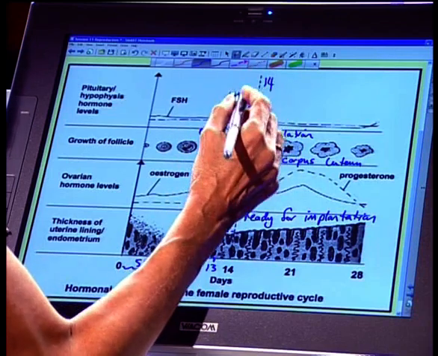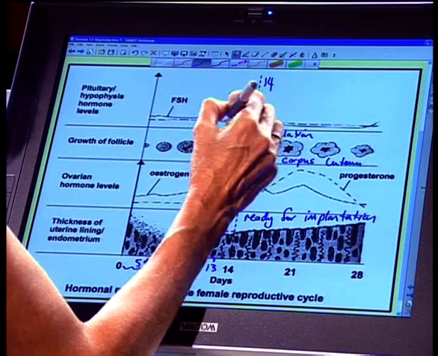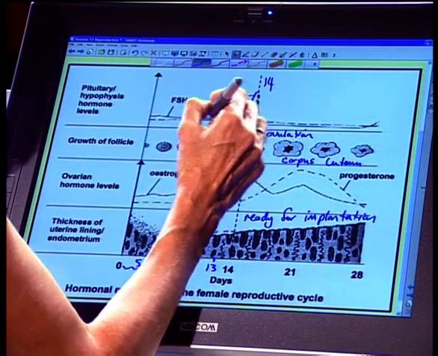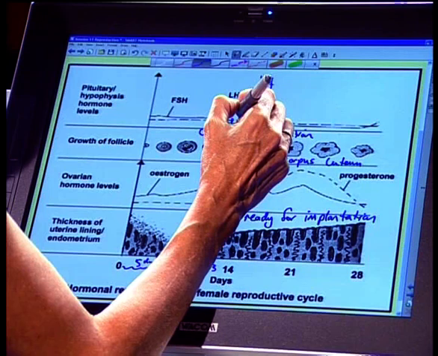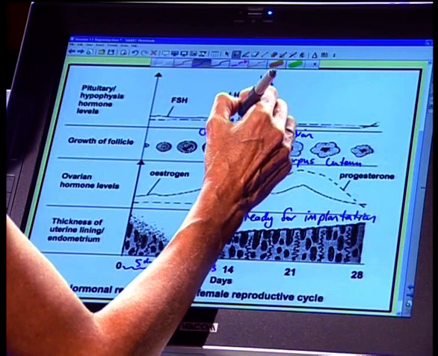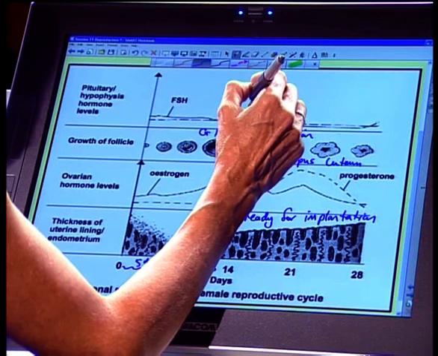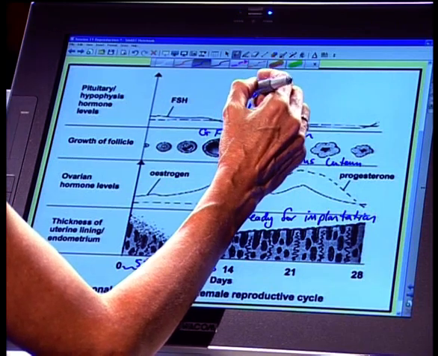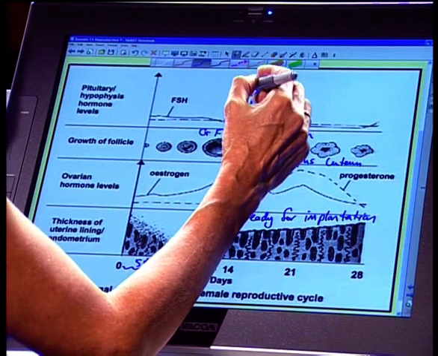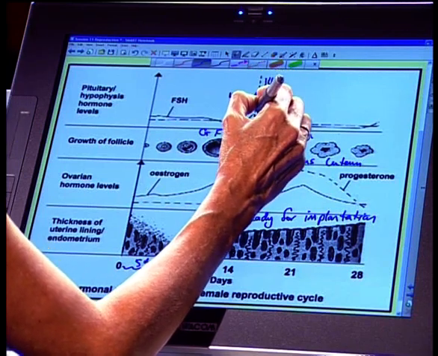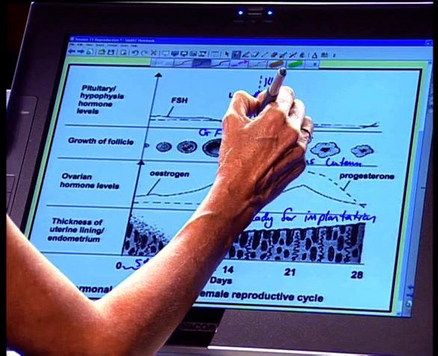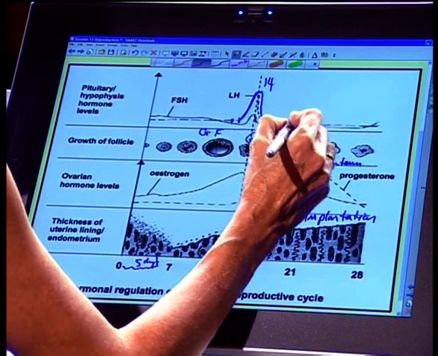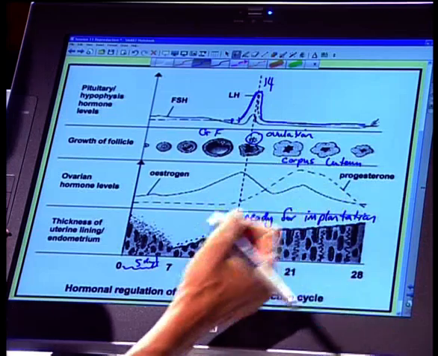But that's not part of this question. They want to know what happens to the LH. So it stays relatively low and constant until it gets to day 12 or 13. Then it starts to peak, and it peaks at day 14. All right, once it's done that, it starts to decrease sharply. You see that? And then it remains low until menstruation occurs.